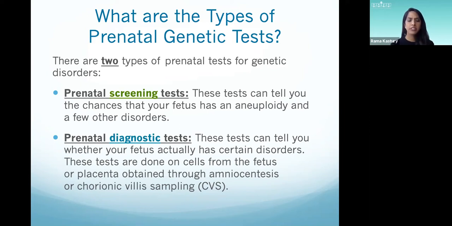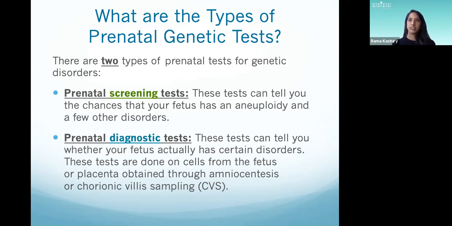It can often be very confusing to navigate all the different tests when you're pregnant and understand which one is a screening test and which one is a diagnostic test.